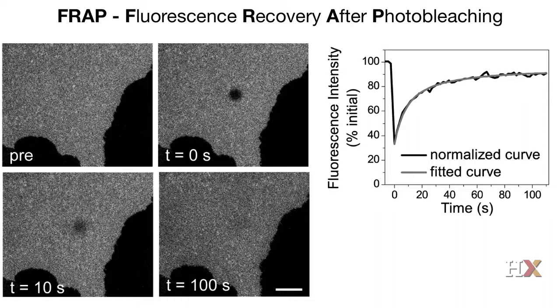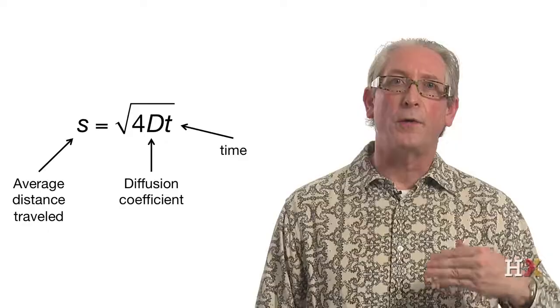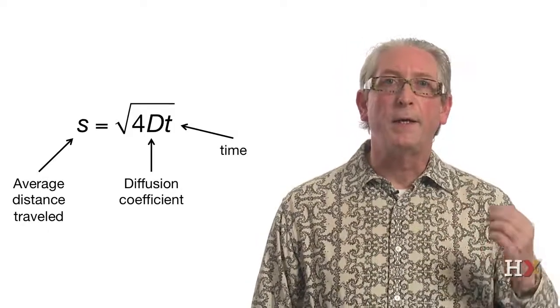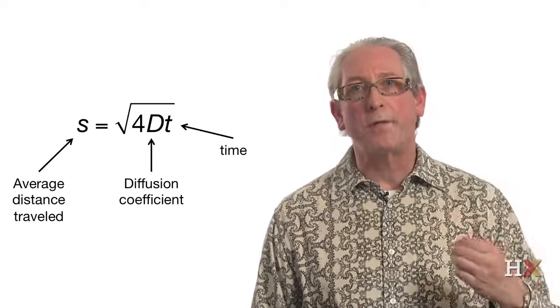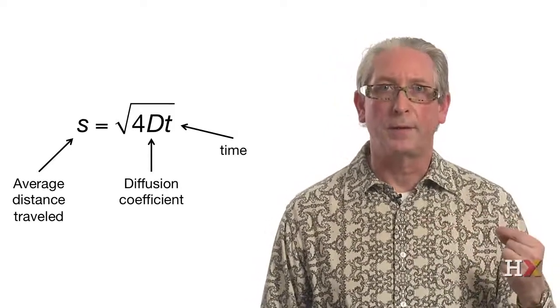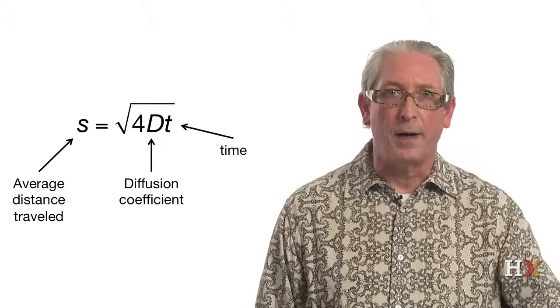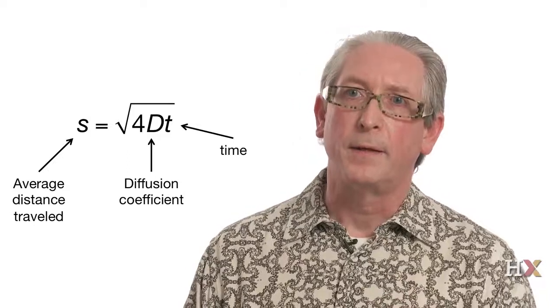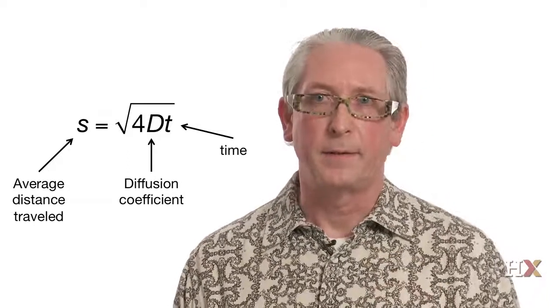Once you have this diffusion coefficient, you can, using a very simple equation, determine the average distance traveled by a labeled molecule per unit of time. For example, a lipid will travel 2 micrometers in 1 second.